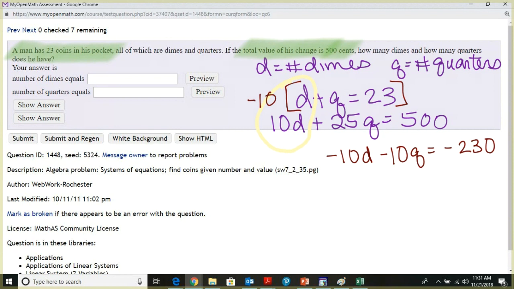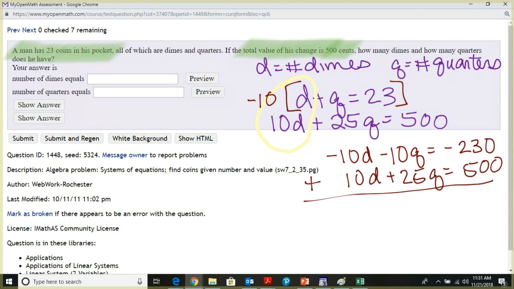I just multiplied everybody by -10. And then I'm just going to line these up. Here's the second one, and we're just going to add them together. Notice my dimes cancel. We got 15Q equals 270. And then we just have 270 divided by 15, which is 18.